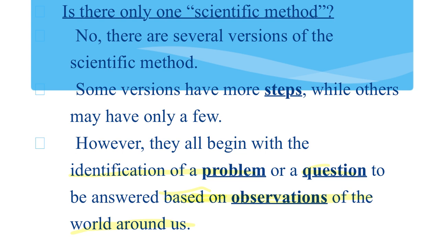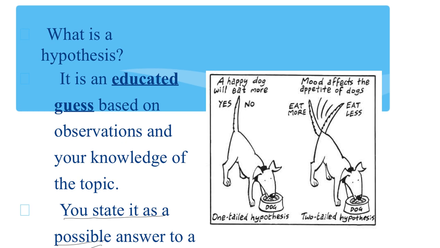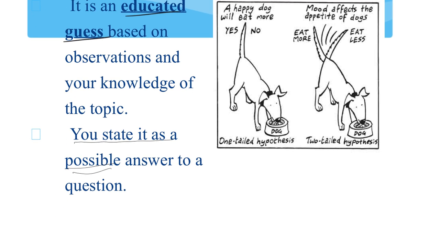Maybe you skip a step, or you do it automatically in your head, but they all start with observations, then a test of an explanation occurs. Okay, so hypothesis is an educated guess as to why something's happening, something that you observe. It's a possible answer. It needs to be tested by an experiment. Remember, it's always an if-then format.